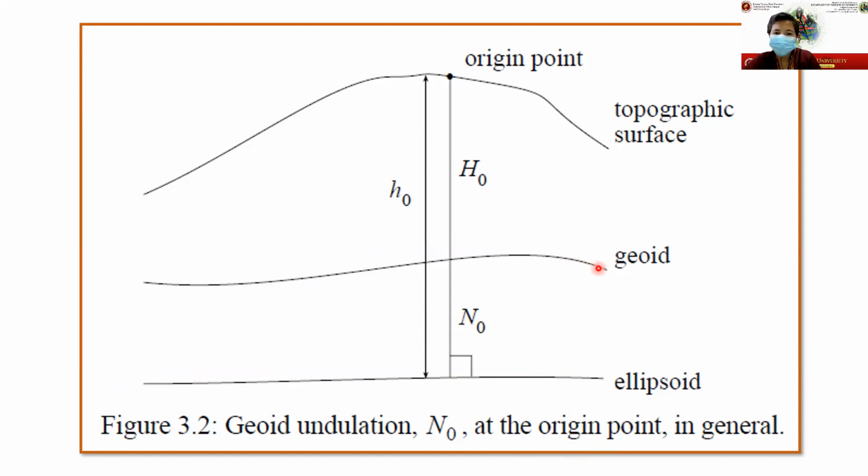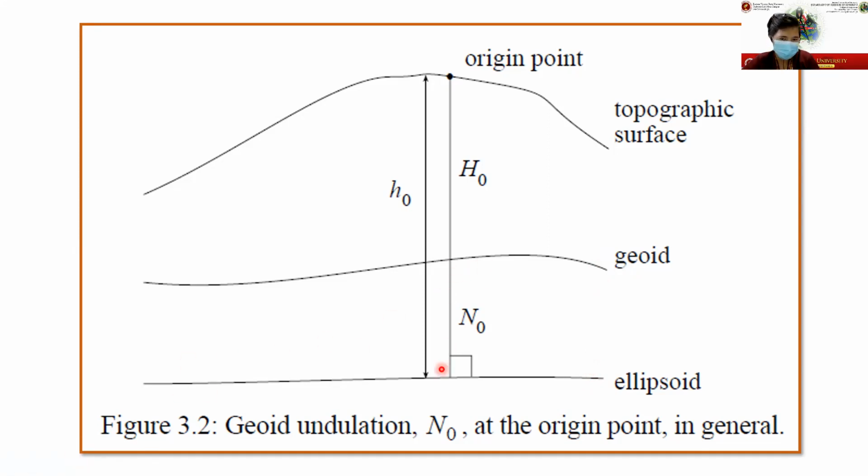So the geoid again, if we measure from here, this is the true shape of the geoid. So from here to a point here, this is H0, the orthometric height. Where our geoidal separation, this is the difference between your geoid to the ellipsoid. So that is the geoid undulation.